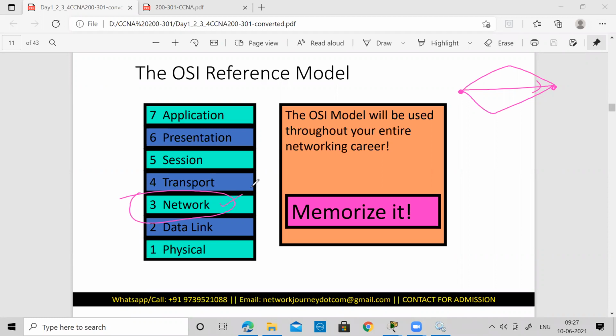So the 3-4 functionalities which I just discussed, a quick recap: it was related to IP addressing, routing, then determining the best path for reaching the destination network, and also defining the security policies. That is all about the network layer.